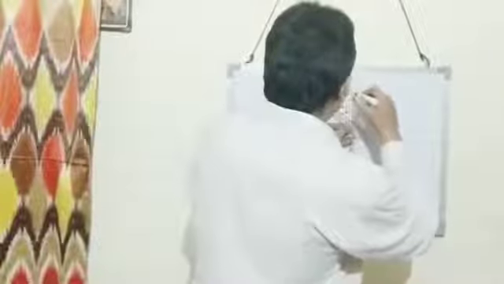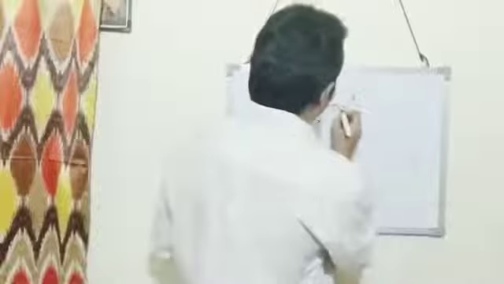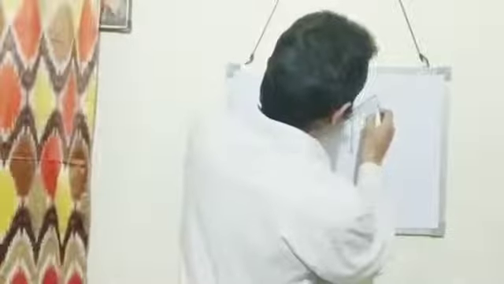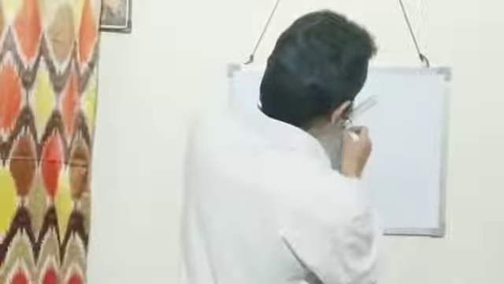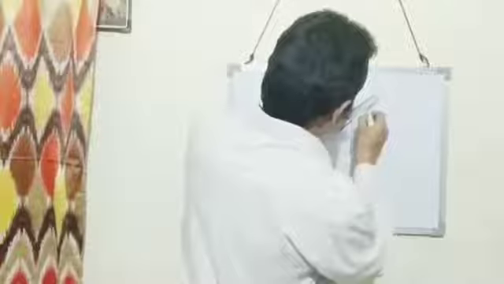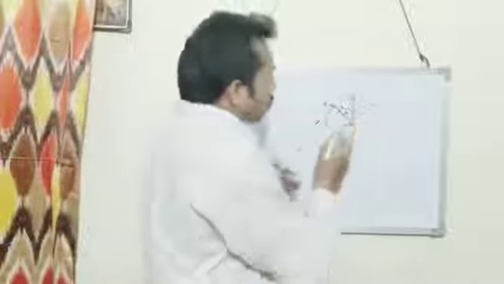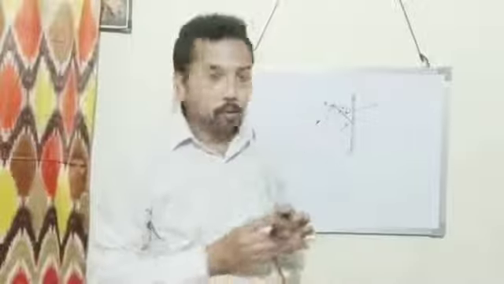So one more incident ray I draw from the same point. This is the incident ray. Then this is the reflected ray. This reflected ray should appear to go through this point. This is the second reflected ray. From the point X, I have drawn two incident rays.